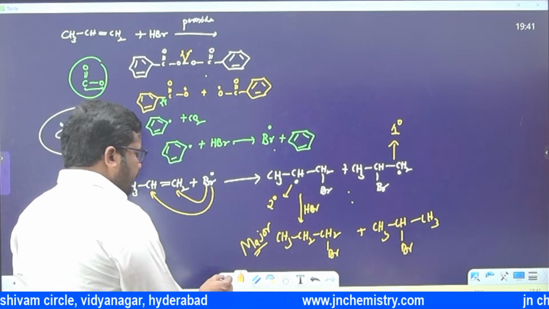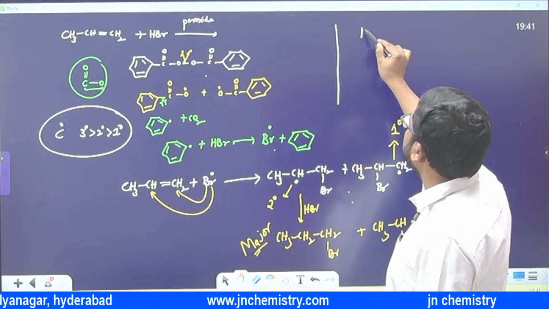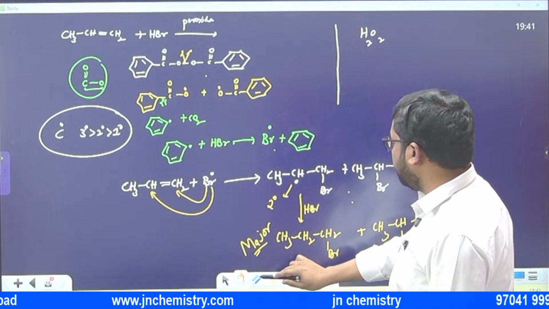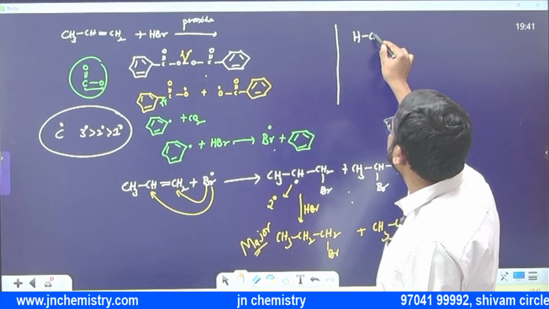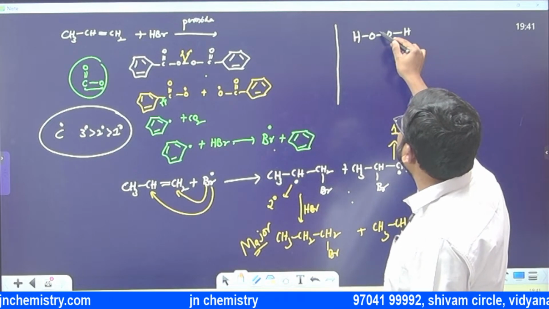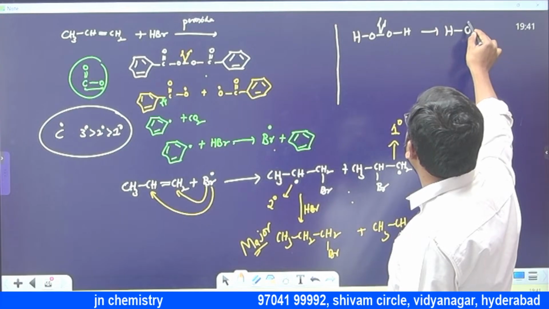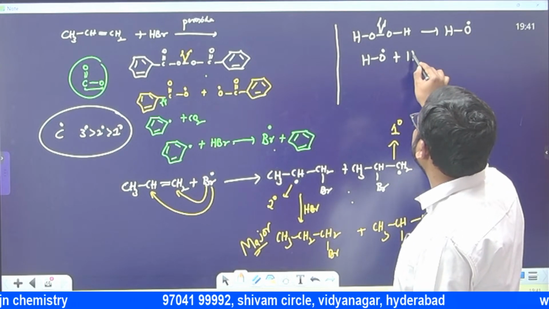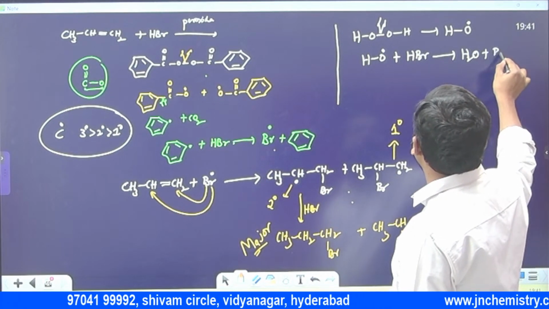Otherwise, I'll tell you one small logic. Even if you want to take H2O2, H2O2 undergoes homolytic cleavage, giving OH radical, 2 moles. This OH radical with HBr gives H2O with a Br radical.